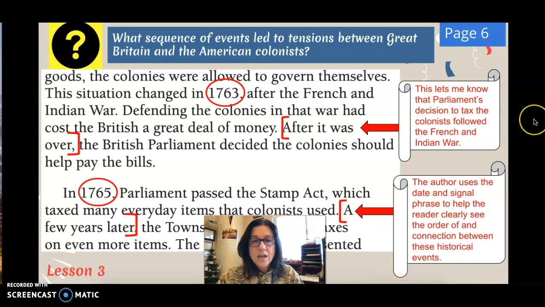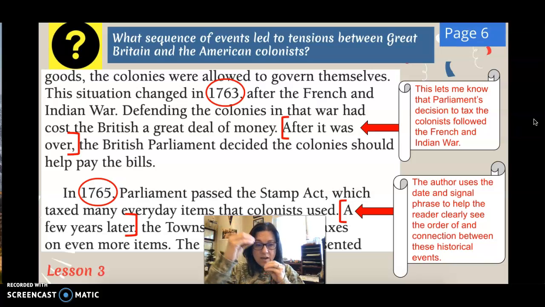And here the author uses the date and a signal phrase, which is a few years later, to help the reader clearly see the order of and the connection between these two historical events. Okay? So basically it's saying in 1765, which is a few years after the Parliament's decision to tax the colonists, that the Parliament passed the Stamp Act.